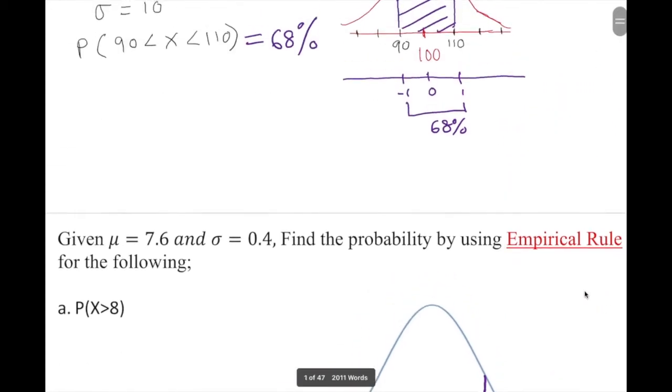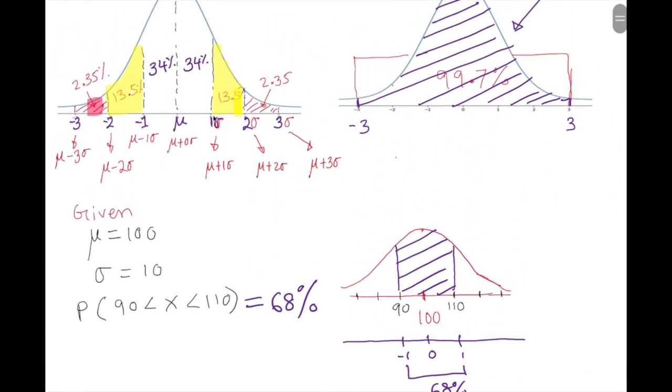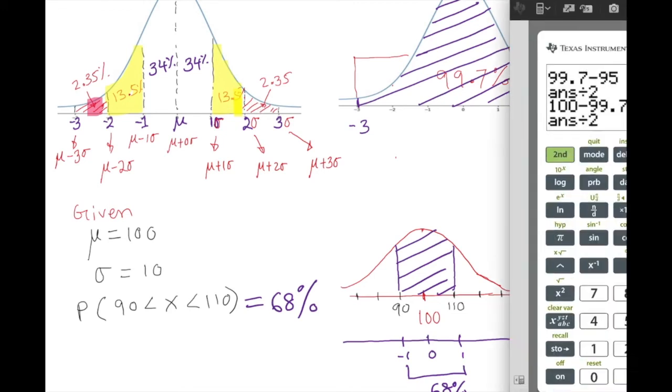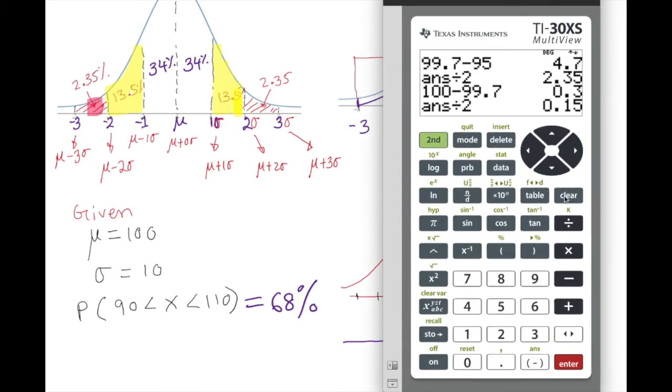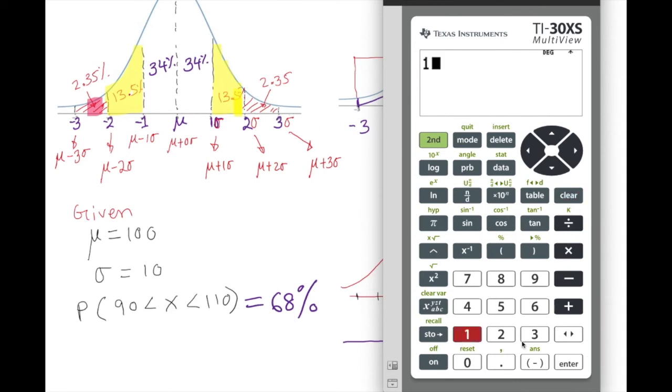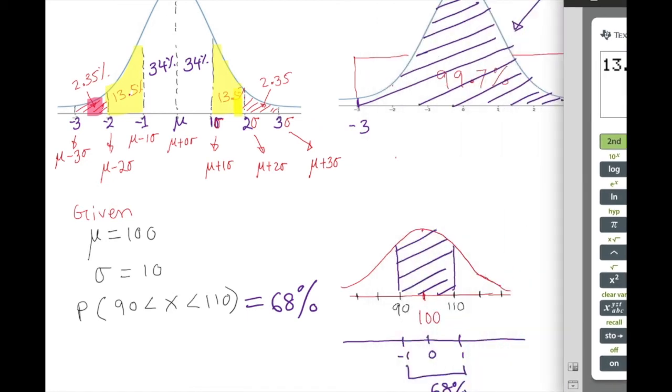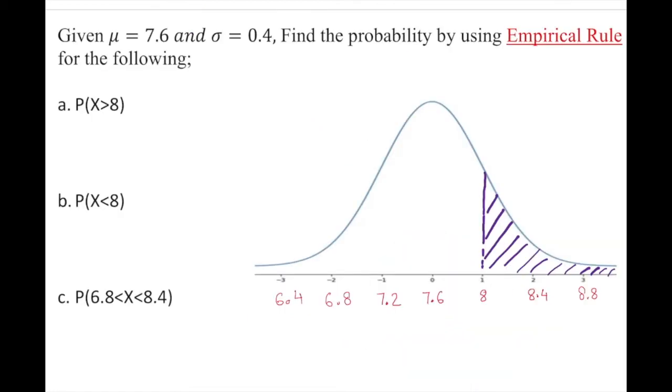So you go down here, 1 standard deviation all the way to this is 13.5 plus 2.35. We can use any little calculator. And this piece is basically 0.15. So actually we have 13.5 plus 2.35 plus 0.15. That is 16 actually. That's 16%.